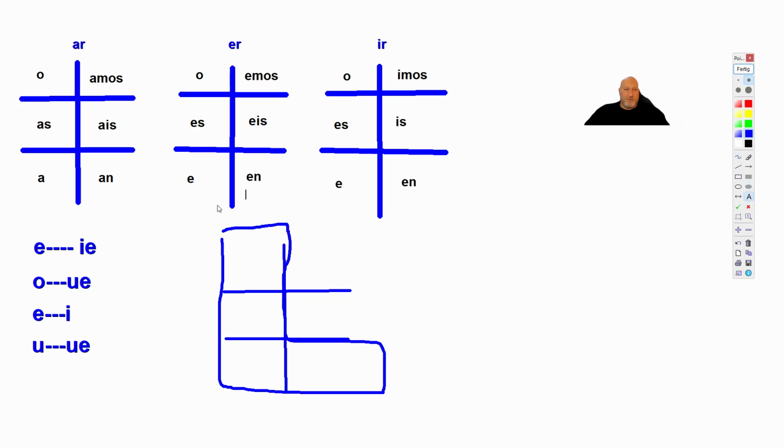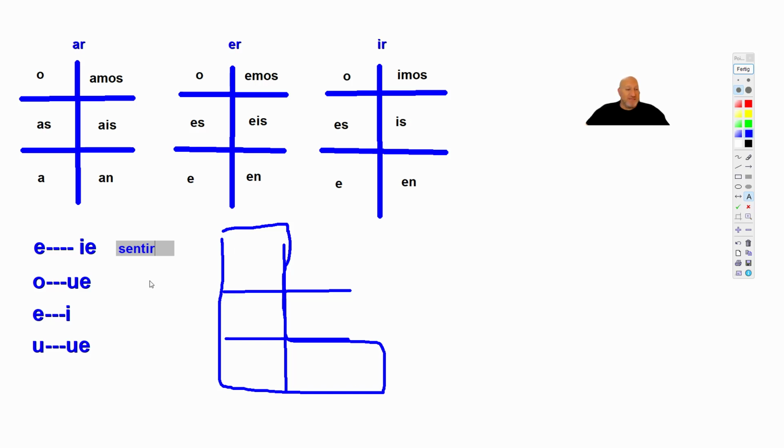So for example, what kind of verbs do we have an E becoming an IE? For example, the verb sentir. That is one of those verbs where the E becomes an IE. Where? Only inside of the boot.